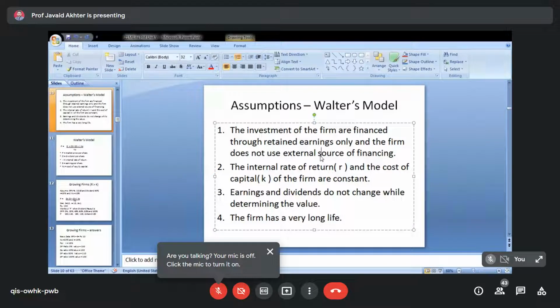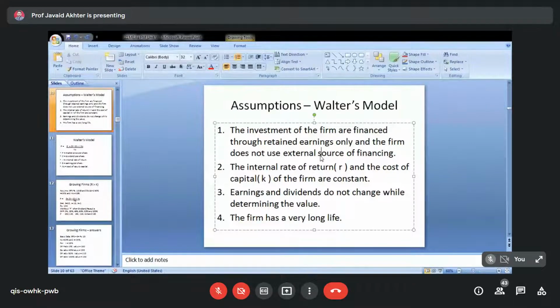The second assumption is that the internal rate of return and cost of capital of the firm are constant. This too, if not assumed, then our calculations and the decision will not hold. Third, earnings and dividends do not change while determining the value, and the firm has a very long life.